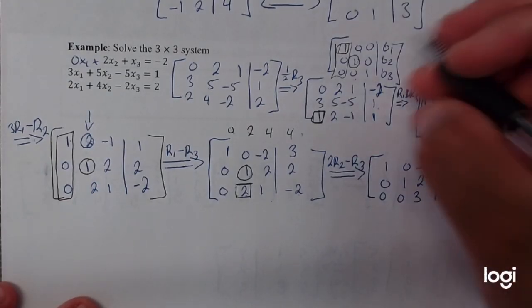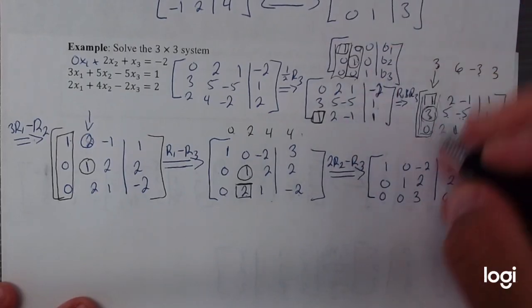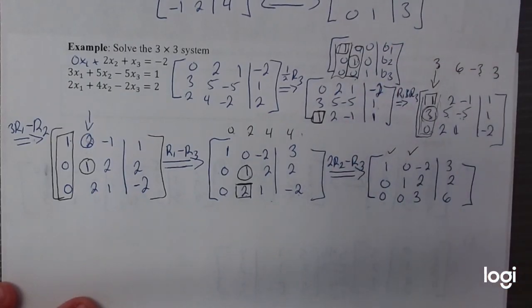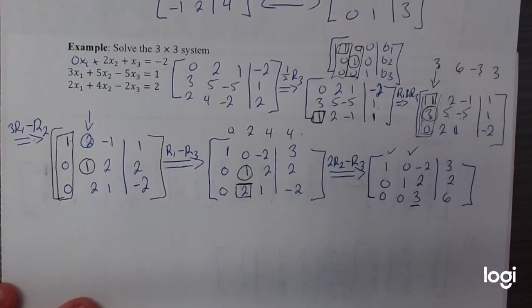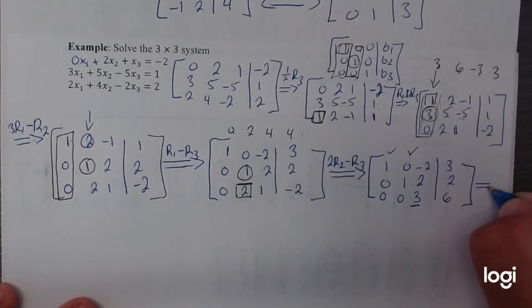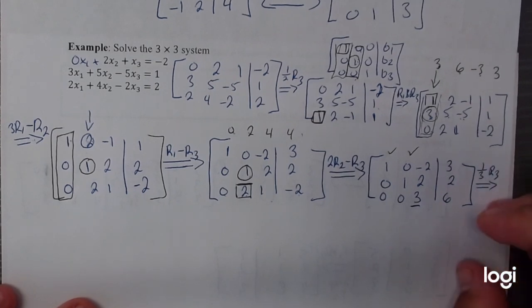And now we are 2/3 done. Check. Check. Okay. Now you may think, oh, there's no 1s here. That's not good. But I can make that a 1, right? Remember, I can multiply any row I want by a non-zero scalar. So to make that a 1, I'm just going to divide row 3 by 3.